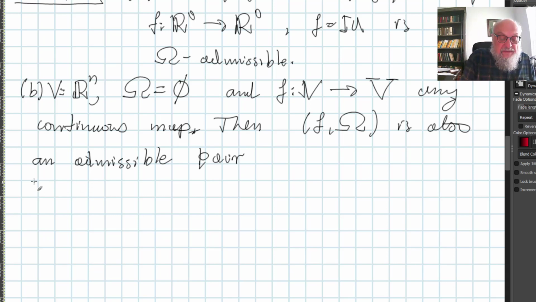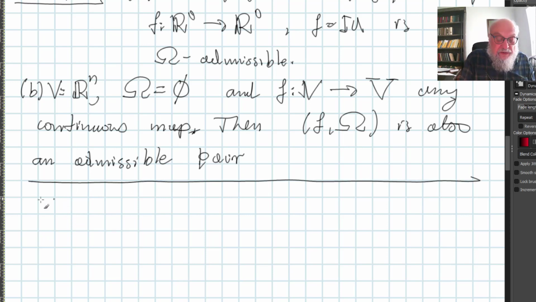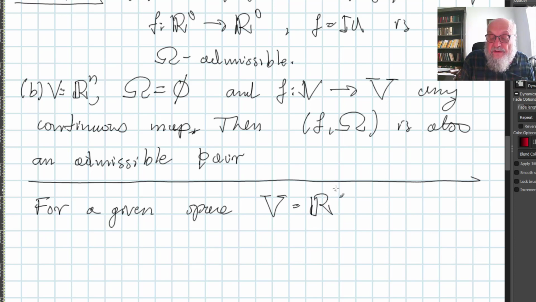So let me introduce a notation. For a given space, in this case V equals R^n, this Euclidean space, we put M(V).